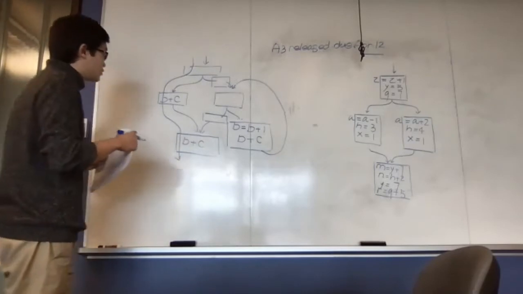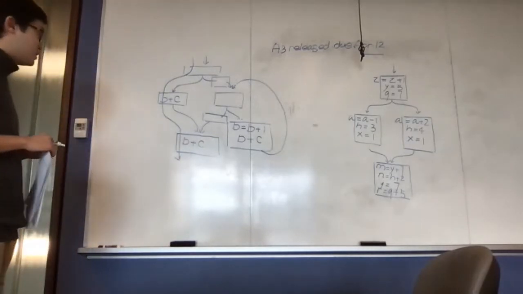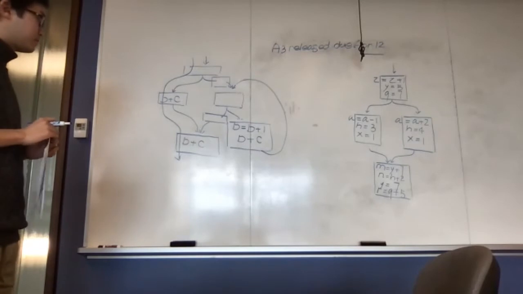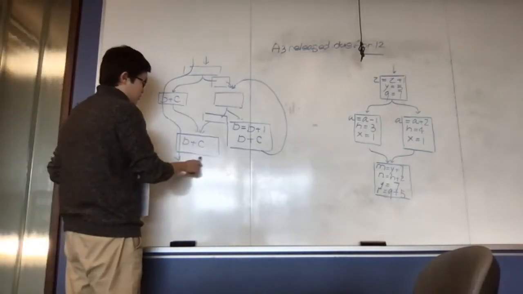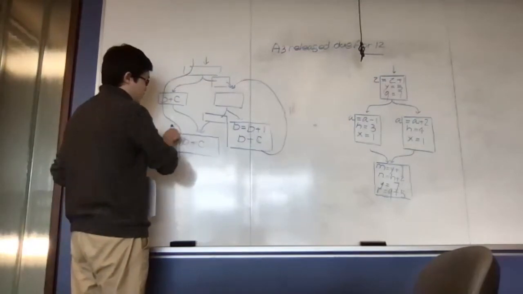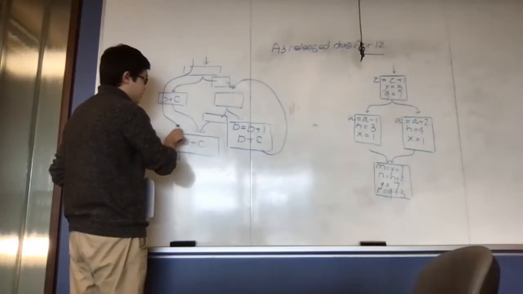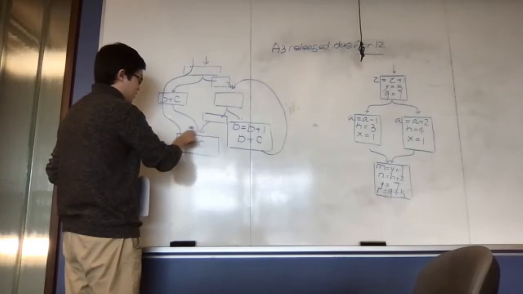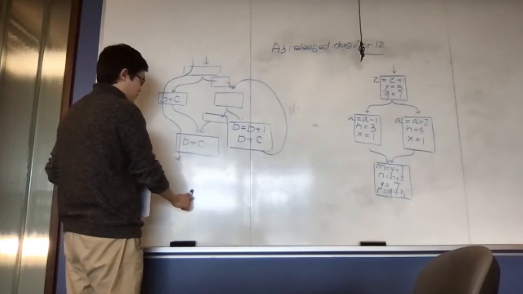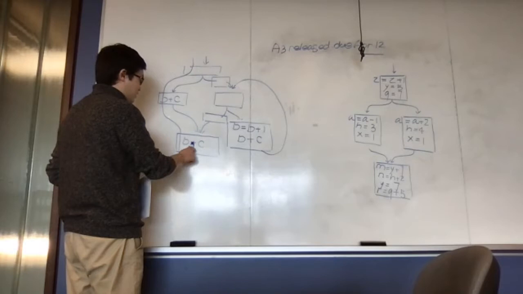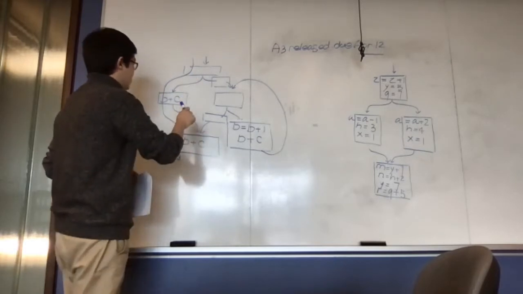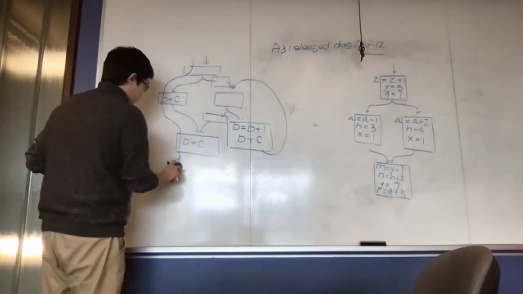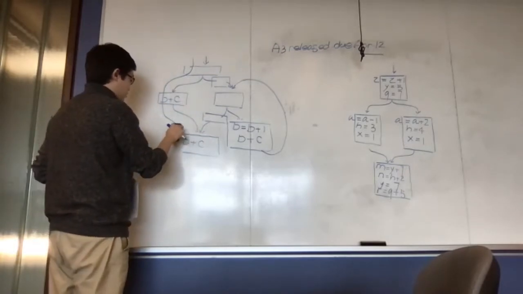In what region is expression b plus c anticipated? Well, let us consider starting from the point here. Remember that anticipated expression is a backward analysis. Therefore, the expression b plus c starts to be anticipated from this program point onwards. Let me erase the arrow here.